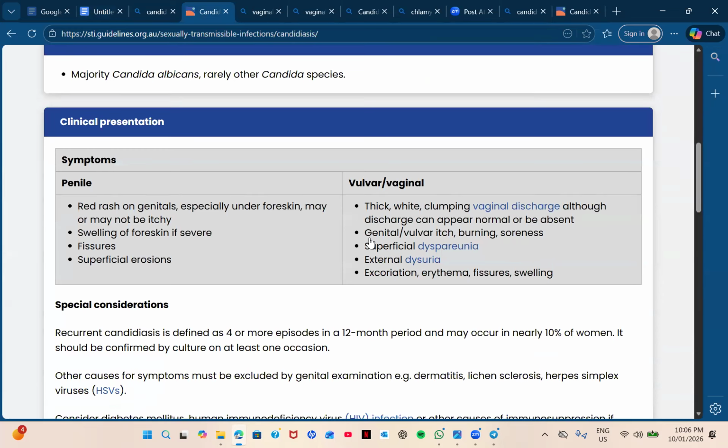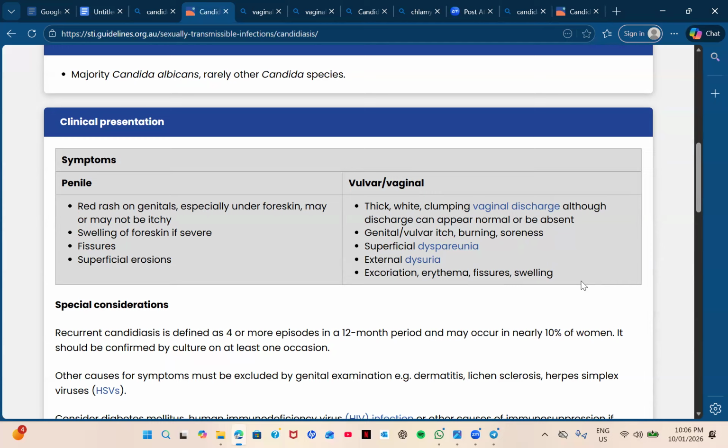Then genital vulval itch or burning sensation can be seen in vaginal candida patients, and superficial dyspareunia and external dysuria, excoriation, erythema, fissures and swelling can be seen.